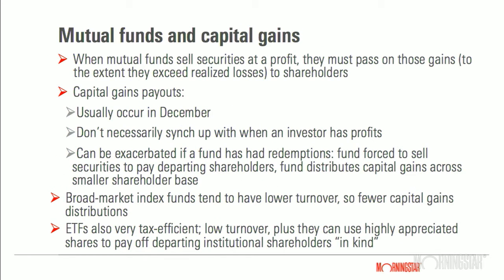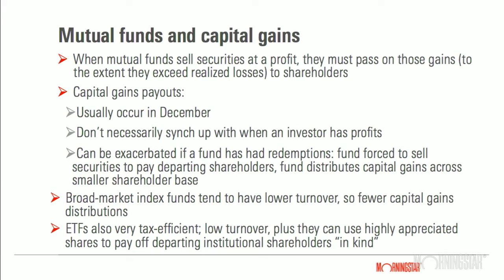So I just wanted to make a quick note about mutual funds and capital gains. This has been a hot topic among Morningstar.com users. We've seen some funds spin off pretty high capital gains in recent years, in part because some funds have been stuck in this unlucky position where they have had redemptions and managers have had to sell securities to meet redemptions, and those gains in turn get paid out to shareholders.